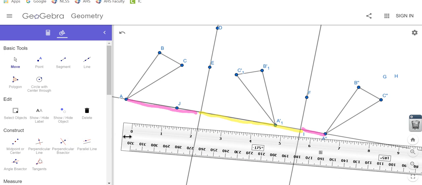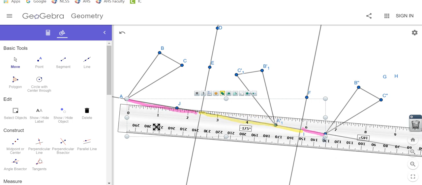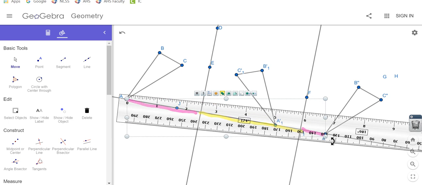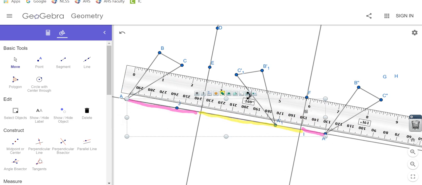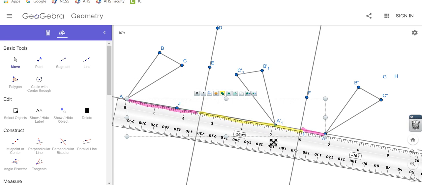And let me break this down. So if I measure this in inches, from here, it says from A to A prime, so this would be 5 inches.